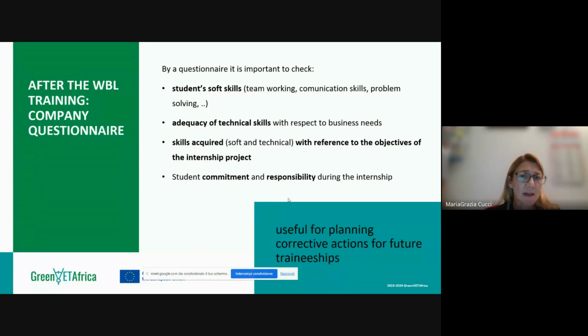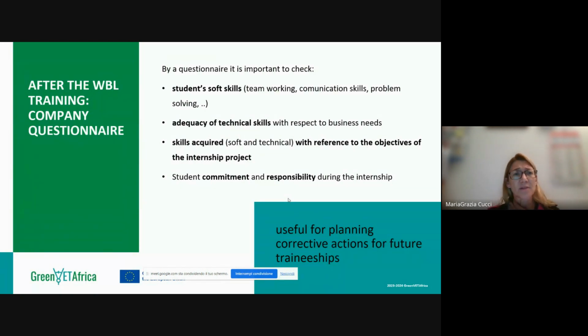We learned that from the companies in which the students went for an internship. They told us sometimes students have difficulties in understanding technical manuals. Why? Well, because they are in English. Oh, we have to solve that.